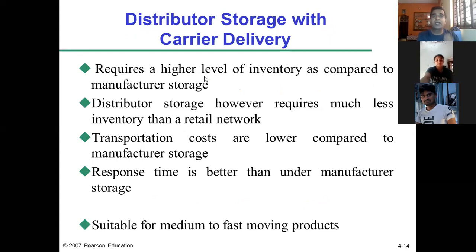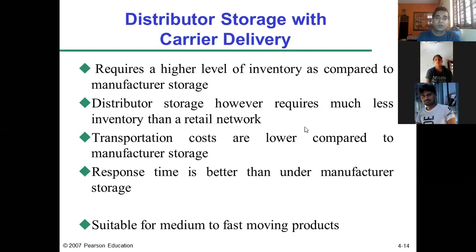A distributor storage, however, requires much less inventory than a retail network, the type we studied first. In that case, the inventory level will be highest among all types of distribution networks. Compared to that, the inventory will be lower here.